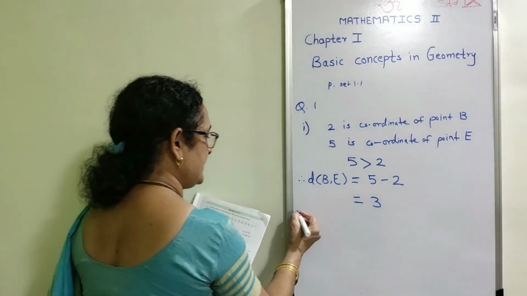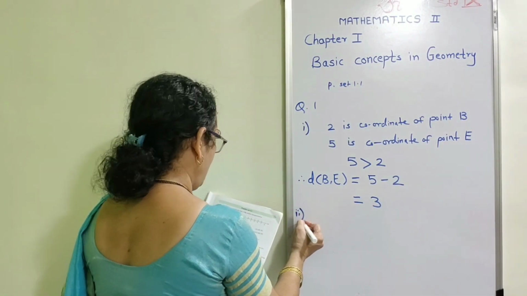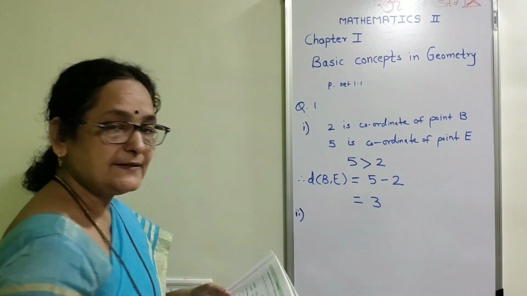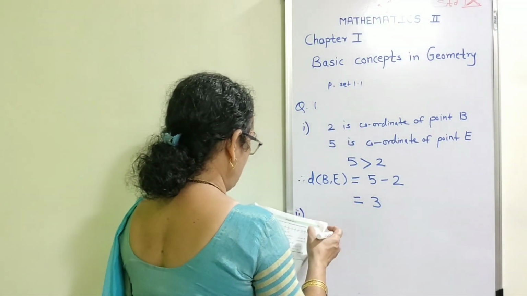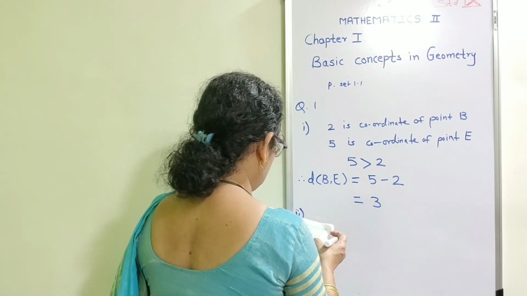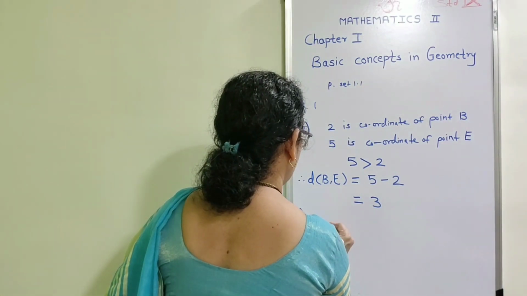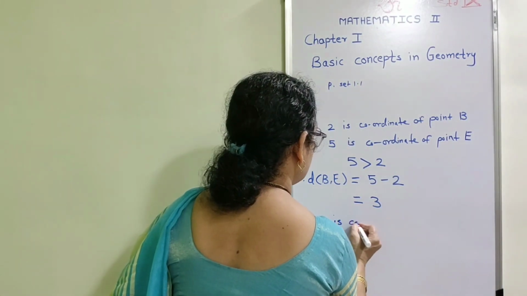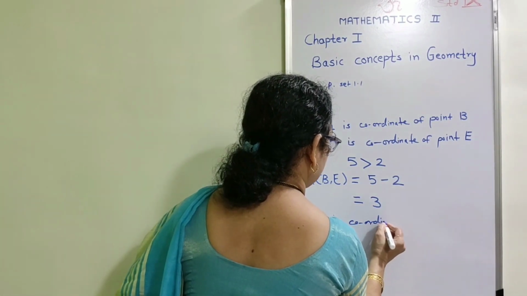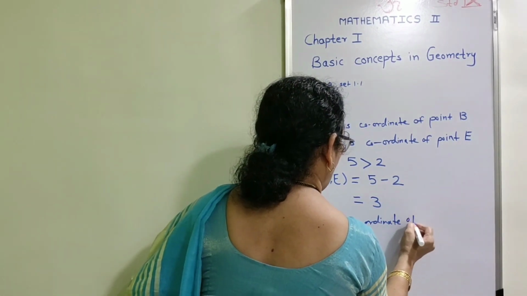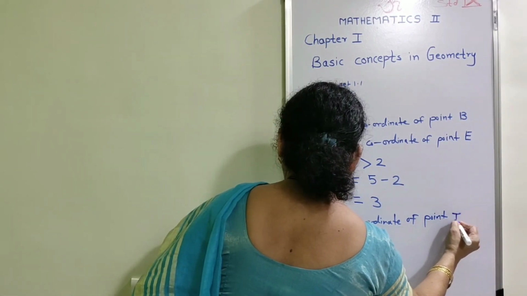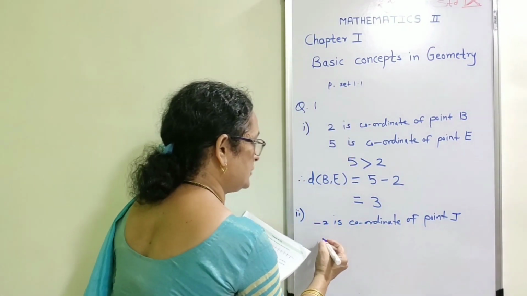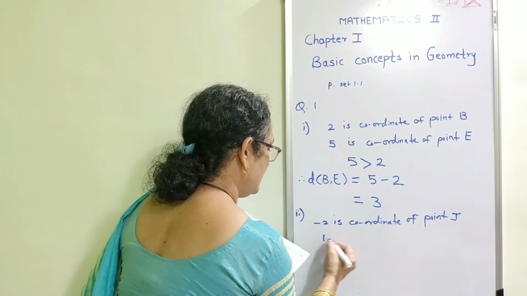We will take the second example also. Here the points given are J and A, distance JA. Now the coordinate of point J is minus 2 and the coordinate of point A is 1.